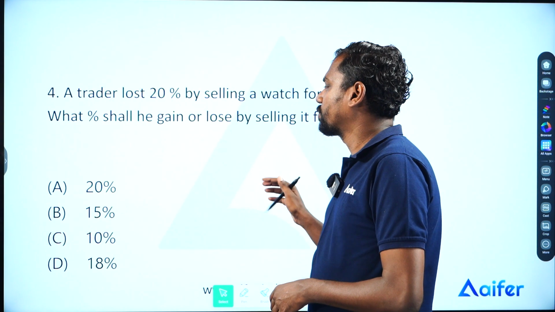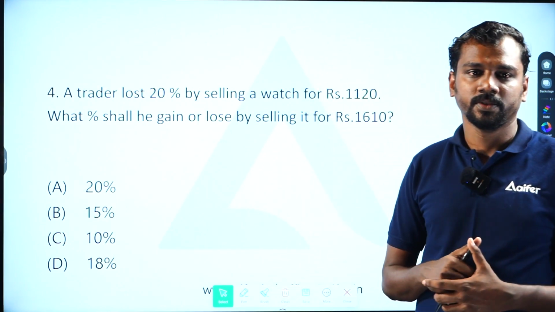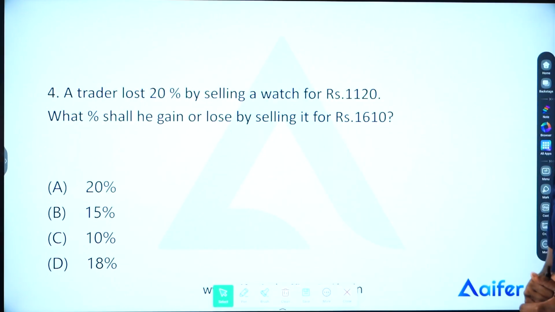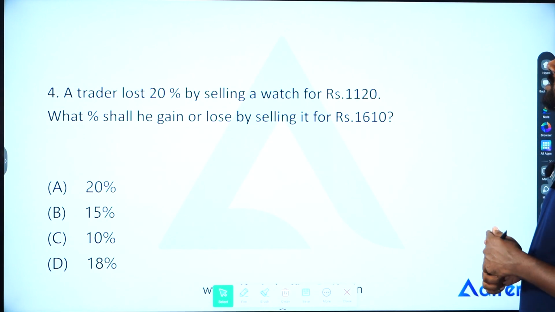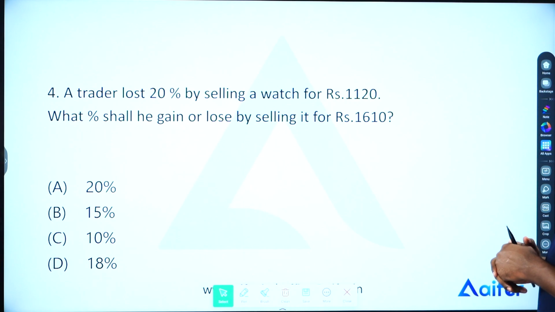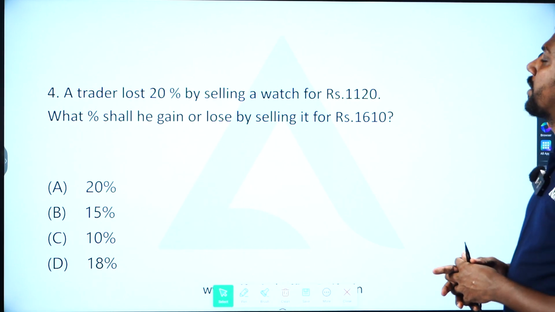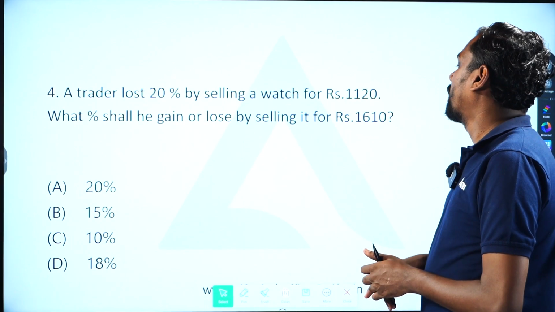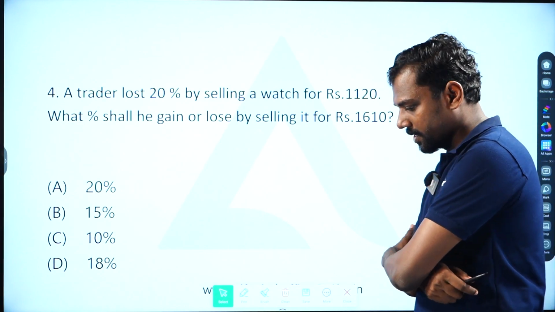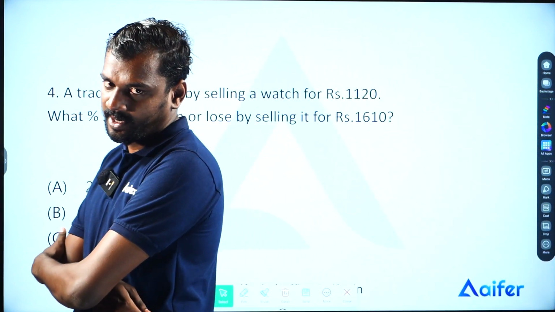Similar question, to make sure you're thorough with this. A trader lost 20% by selling a watch for rupees 1120. What percentage shall he gain or lose by selling it for 1610? So here there is a small twist.